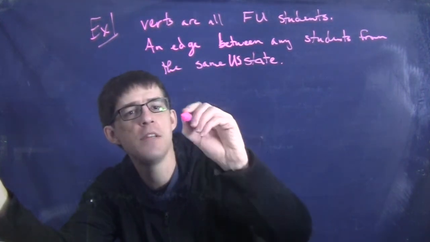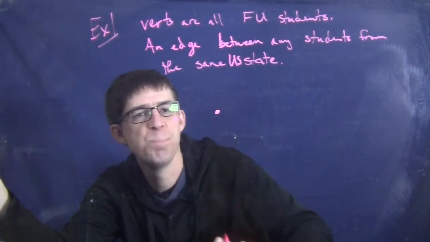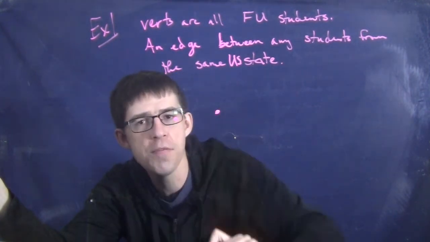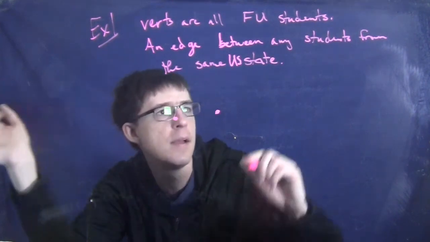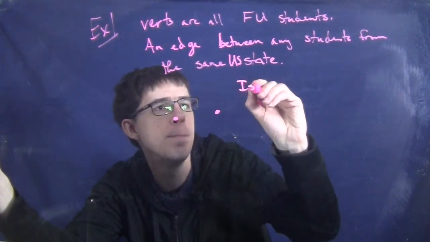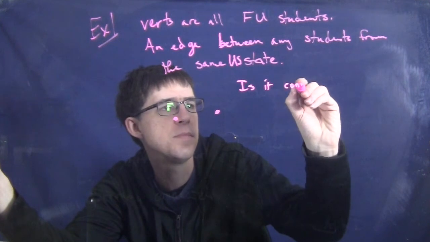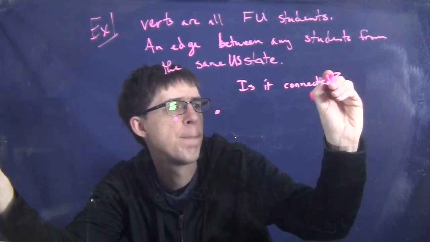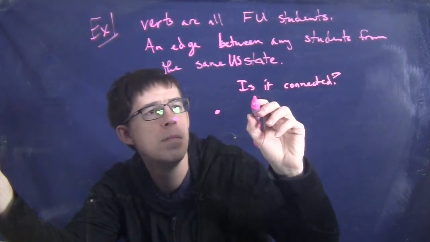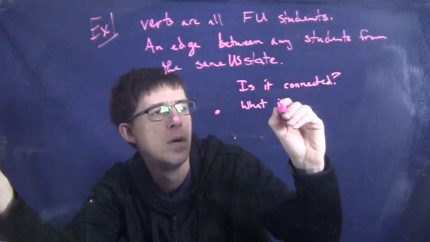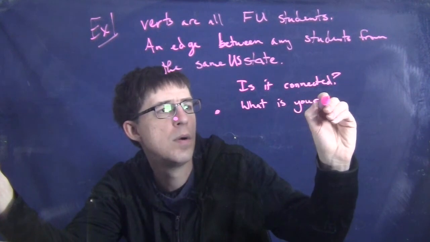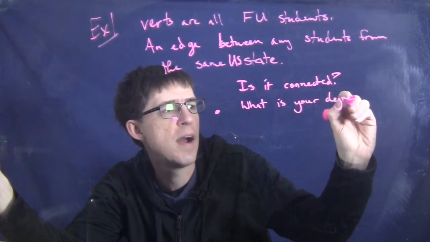So if you have two people on the graph, there would be an edge if they're both from the same state. Can you think about what such a graph would look like? Is it connected? Here are some things to think about. Think about yourself. What is your degree in such a graph?